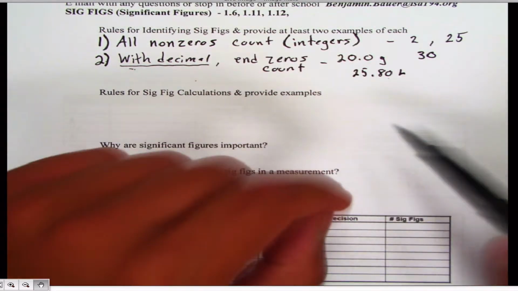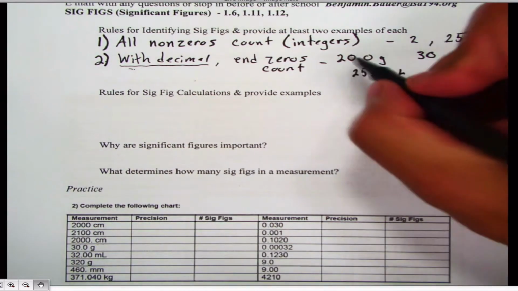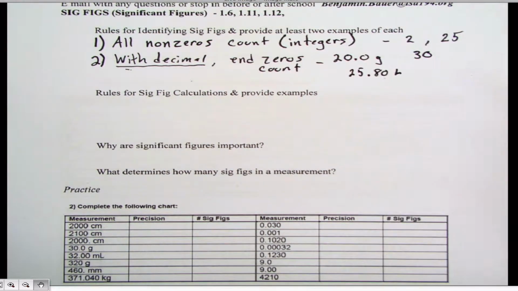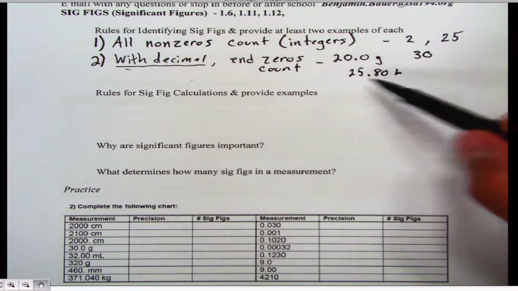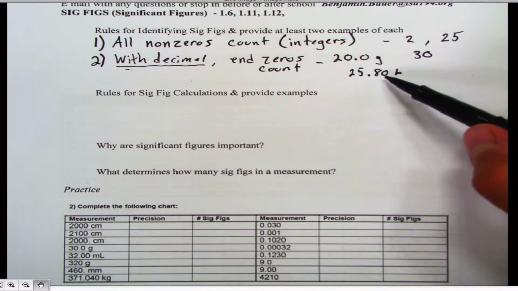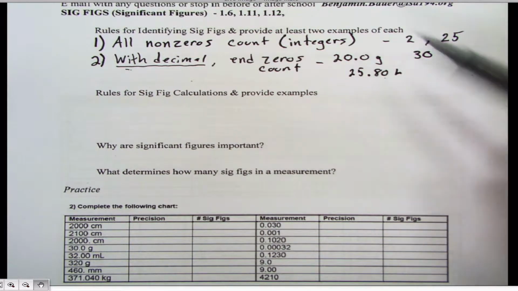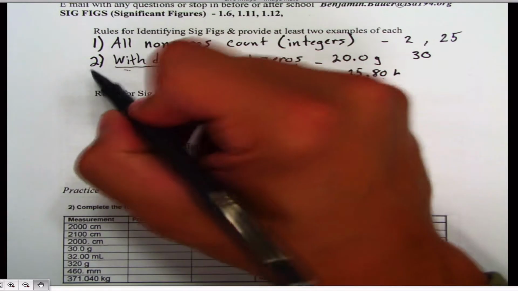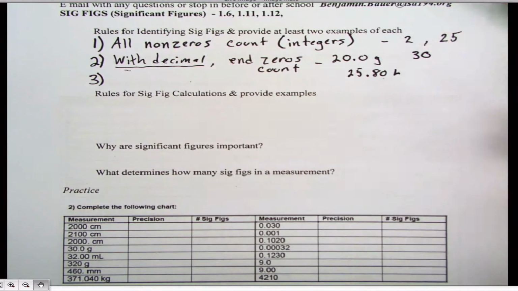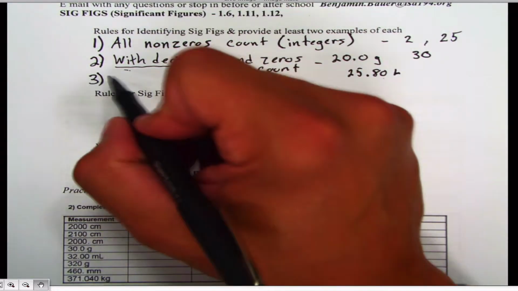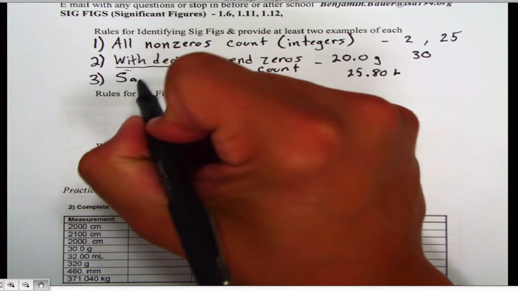It really doesn't matter where the decimal is. The fact that it has a decimal is probably the more important factor. So end zeros count. And what this tells us is what degree of precision we're measuring to.